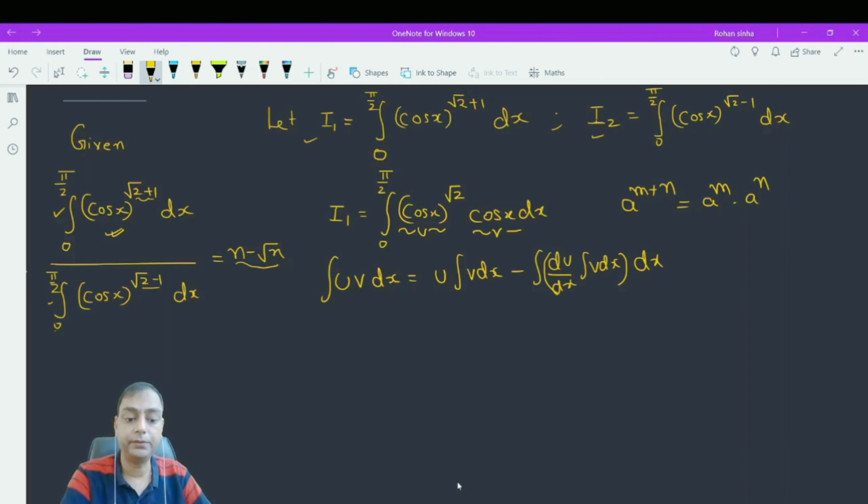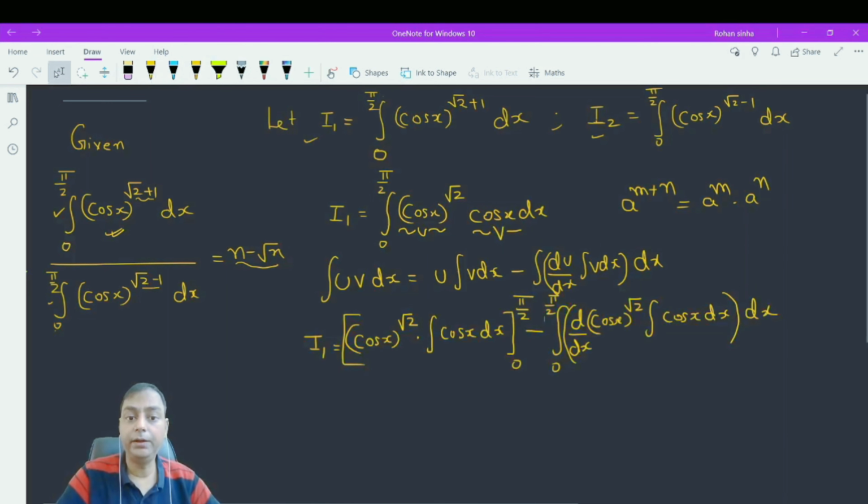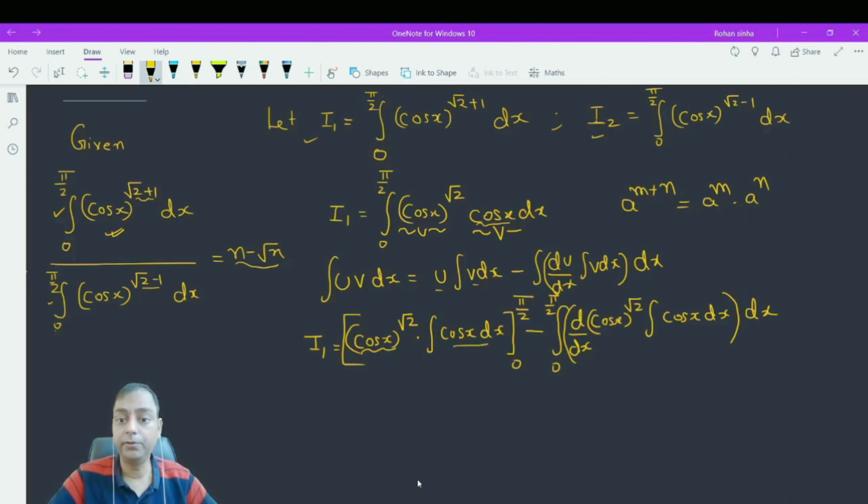We find this I1 as the integral of u into v dx. What we have assumed, cos x raised to root 2 is u, and cos x is v. So the integral of u into v dx is u, the integral of v dx, minus the integral of d by dx of u into the integral of v dx, whole dx.